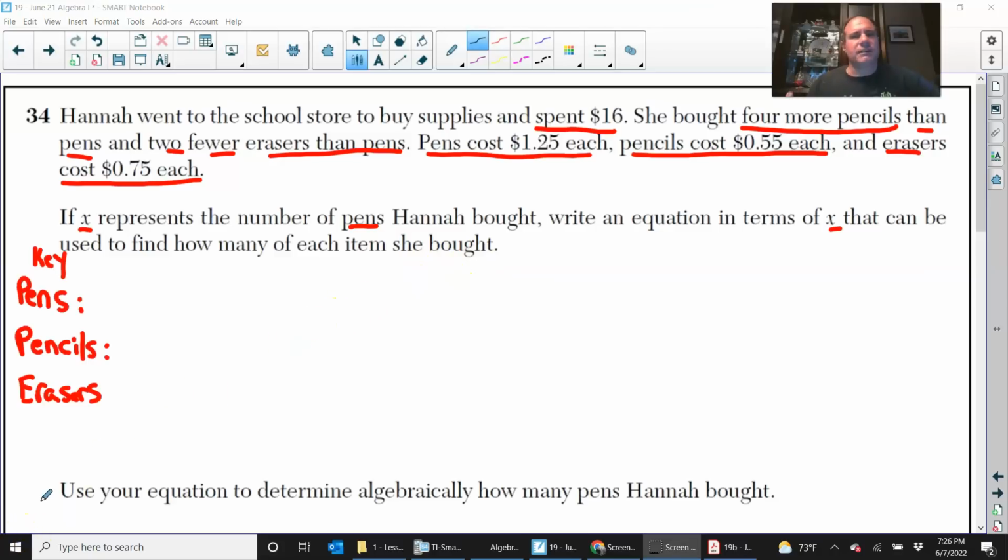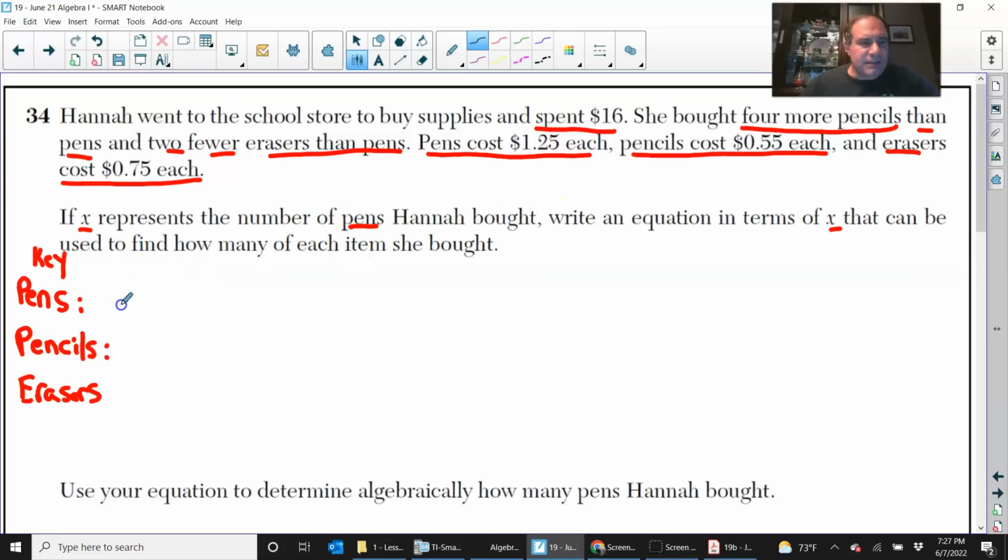I always used to get confused with questions like this. Just put a key down, but realize that one of the things you put in your key usually just has to be one single variable. And since everything is being referred to pens, that's the X. So she bought 4 more pencils than pens, and 2 fewer erasers than pens.